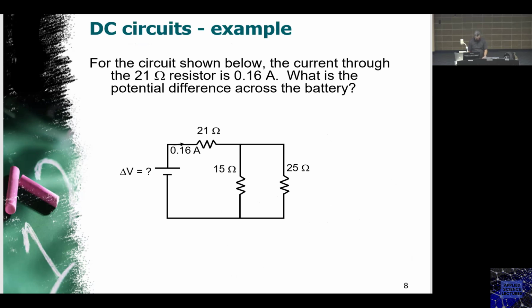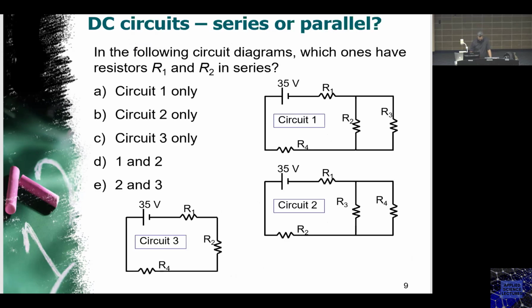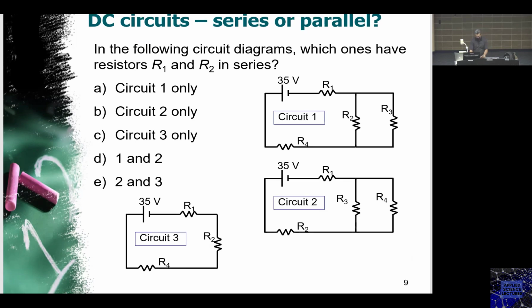And then we've solved several DC circuits. We've seen several examples. For example, some of the common mistakes that is done is identifying the series and parallel in circuits.